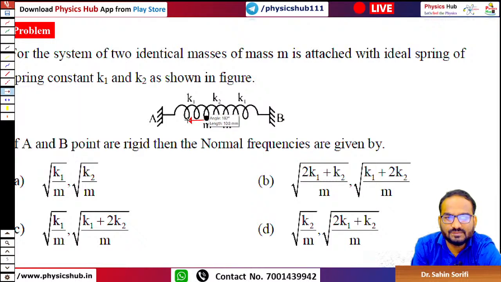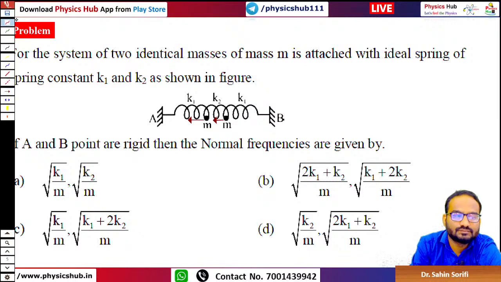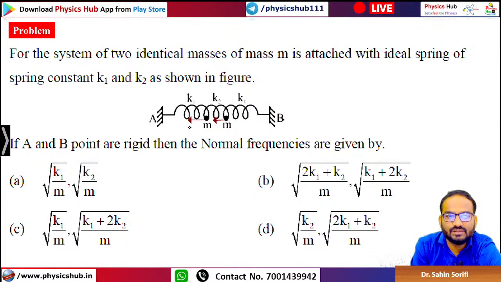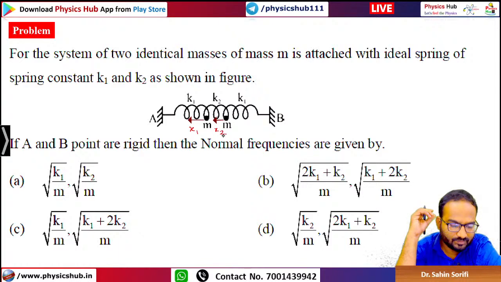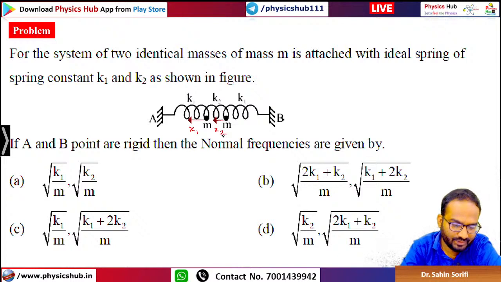You can take the displacements in this way. Take it x1, take it x2, and just follow the procedure. Quickly tell me the answer.